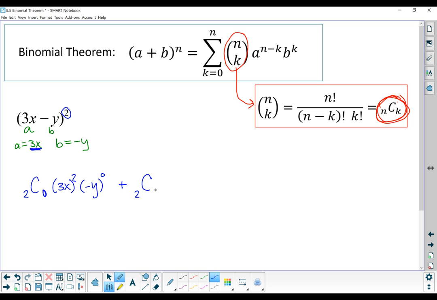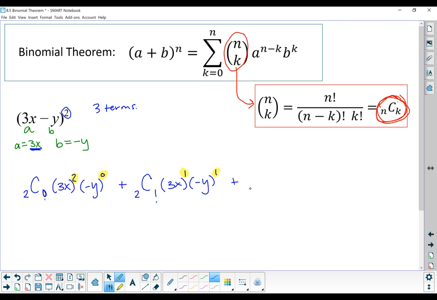The next term will have a coefficient of 2C1. So starting with 0, 1 is next. And now this power is going to step down. So it's going to be 3x to the power 1, and our negative y's power is going to be stepping up to 1. But you can see in both cases that the powers add up to 2. All right, and then our third term, this is power 2, so we're going to have 3 terms.